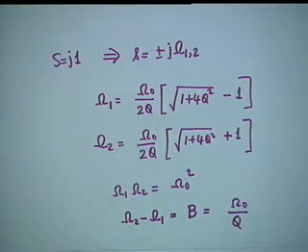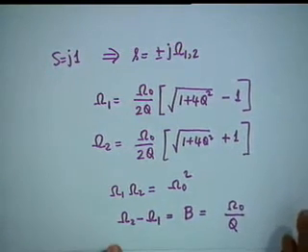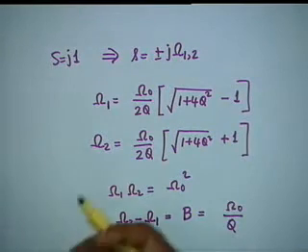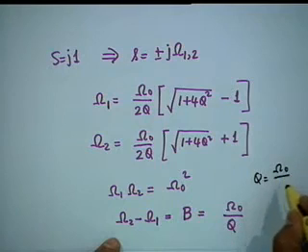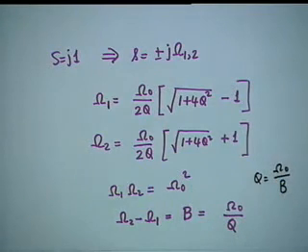The bandwidth is omega 0 by q, and if you remember the definition of q, it is quite computable. What is q? Q is center frequency divided by bandwidth.